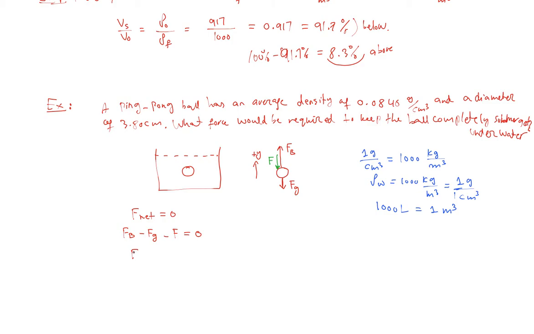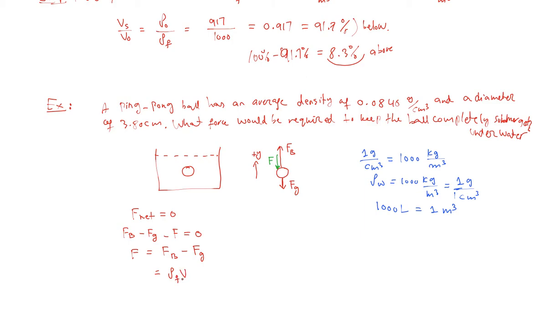Okay, then the force we need to apply equals FB minus FG. Okay, so then we need to simplify. The buoyant force is rho of fluid times volume submerged.